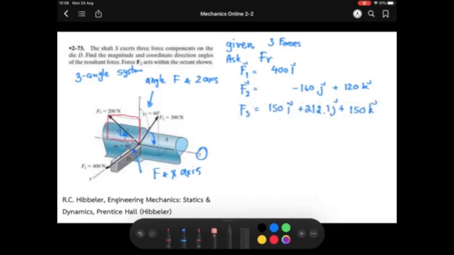Like this, and the resultant force will be equal to 550 i plus 52.1 j and then plus 270 k.